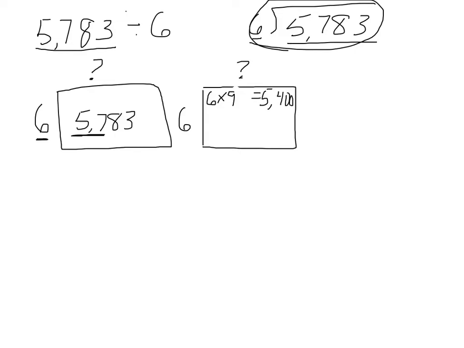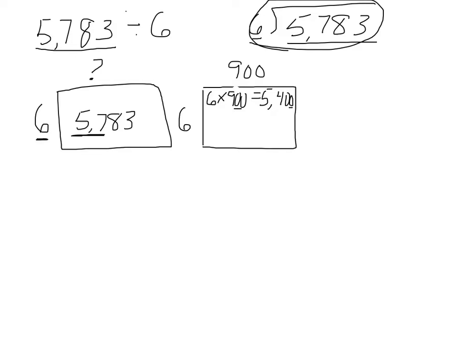And so then this would be 900. If I added 2 zeros here, I'm going to put 2 zeros back on there. So I know my question mark on top is going to be 900. So if I multiplied 6 times 900, I would get 5,400.